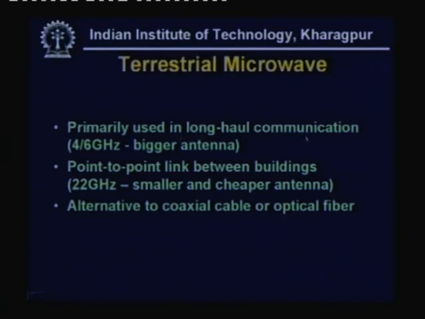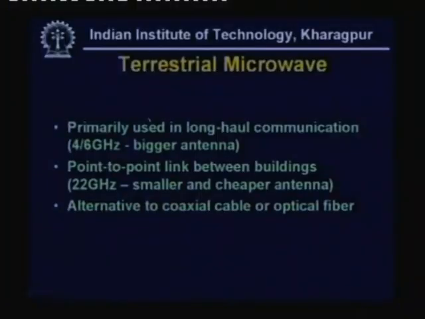Long haul communication means whenever you have to transmit a signal over a long distance. Let us assume this is the surface of the earth. Then you can erect an antenna like this. It will transmit in this direction, then you can place another antenna here, which will receive from this. After receiving, it will amplify and transmit to another antenna.